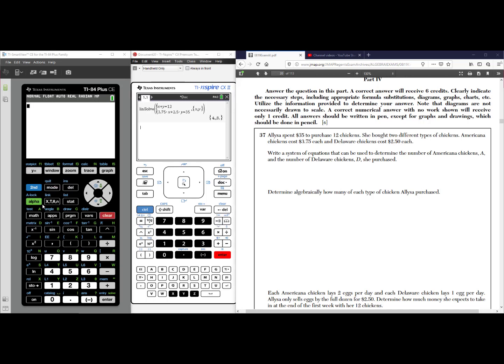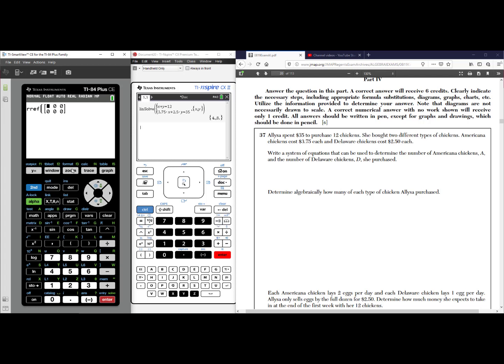For the TI-84 Plus, we'll use reduced row echelon form with a matrix. Second matrix, over to math, find reduced row echelon form. We'll press alpha zoom. Make sure that we have a 2-row, 3-column matrix.